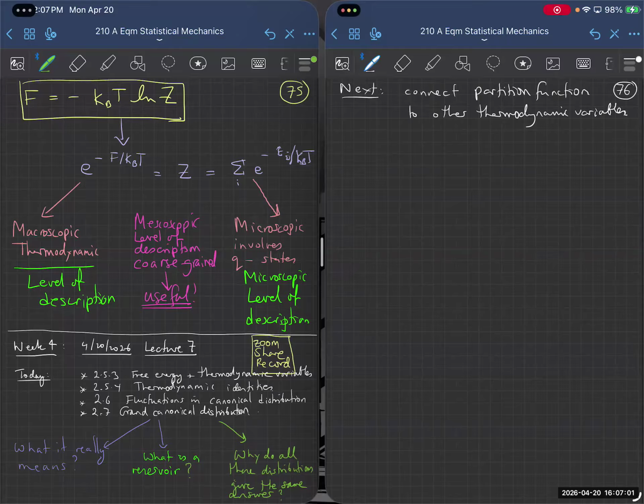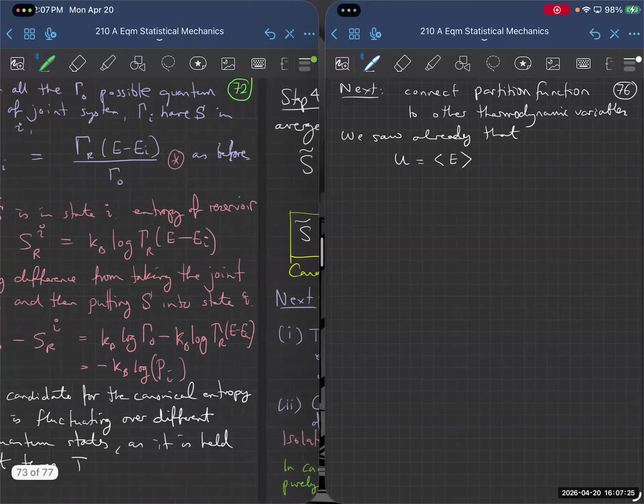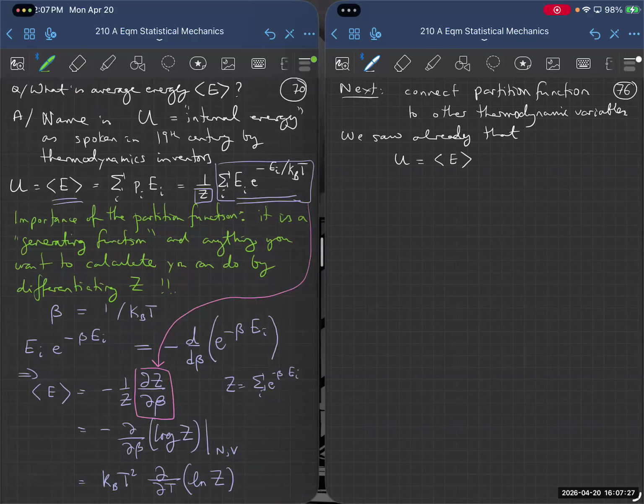So we start with the energy. We saw already that the internal energy in thermodynamics is just the expectation value of the energy. If you remember how I calculated that, back on the left page, you just use the Boltzmann distribution, plug it in, and differentiate the partition function with respect to beta, and we got this result on the left-hand panel.